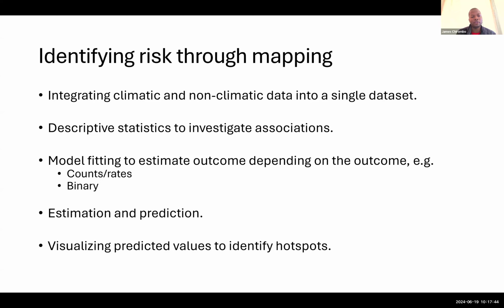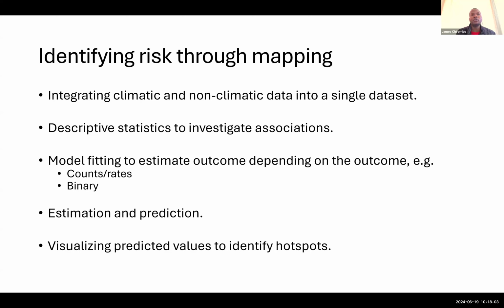Maybe I can think of a Poisson regression or negative binomial. You can have binary data in some cases, or proportion data. Then you can also think of the right kind of model to represent this data.